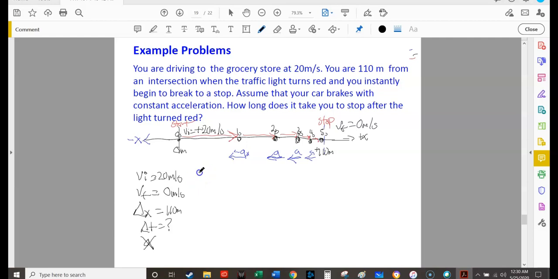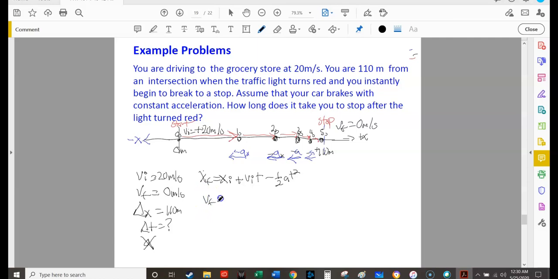The equations of motion are x final equals x initial plus v initial t, and our acceleration is going to be negative, minus 1/2 a t squared. I'm putting in that we have a negative x direction. We have an acceleration vector pointed to the left because we're slowing down. We're moving to the right and we're slowing down, so our acceleration vector has to be to the left.